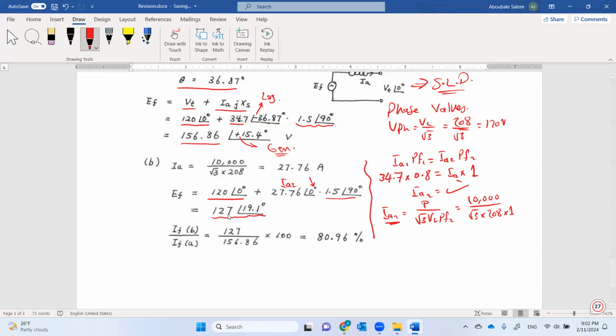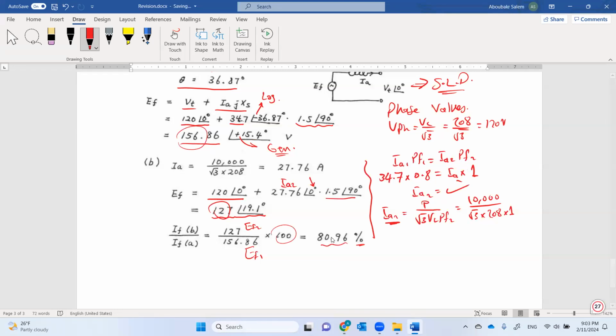Now, compare the excitation volt 127 with the 156. This is going to provide the same ratio of IF. So we can say IF of the second case B divided by IF of the second case A equals EF2 over EF1, multiplied by 100 in order to get it in percent. So you will find that the ratio is 80%.